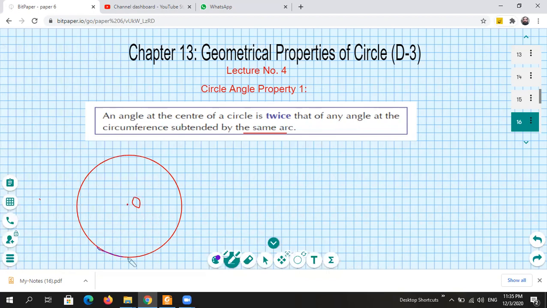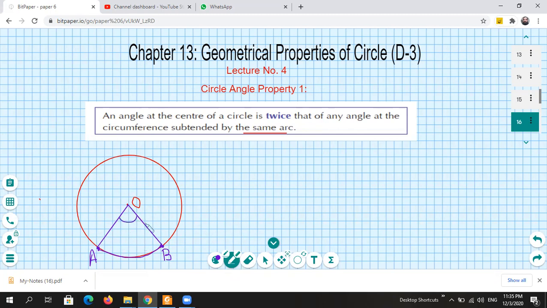Suppose this arc. This is point A and point B. So we have an arc AB. So if I make an angle at center with this arc, it will be like this. So this is the angle.